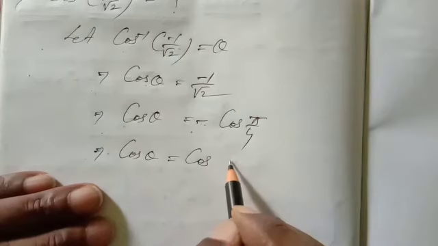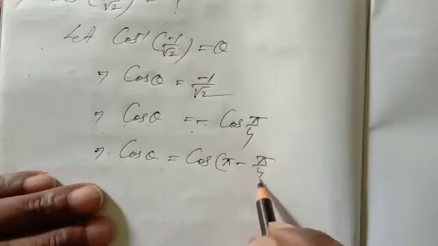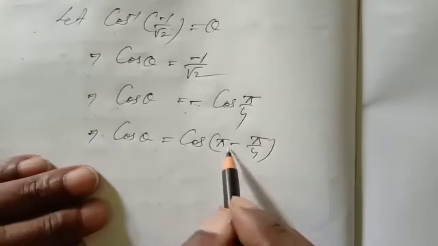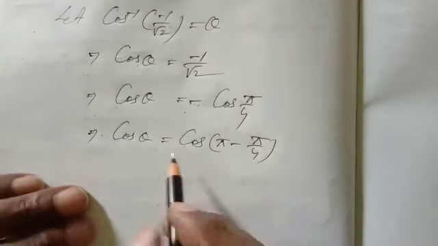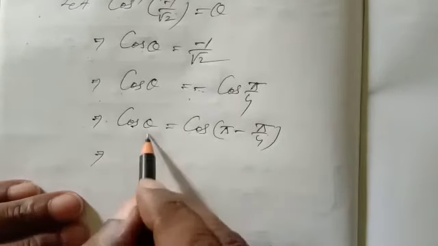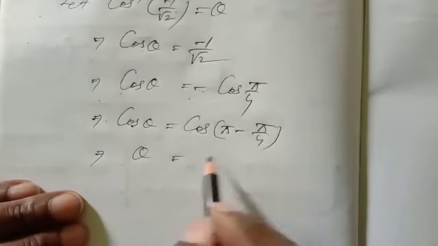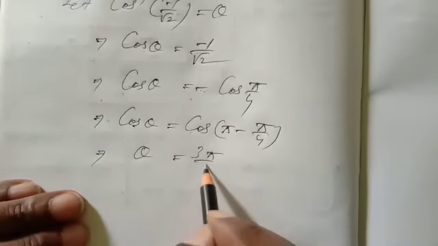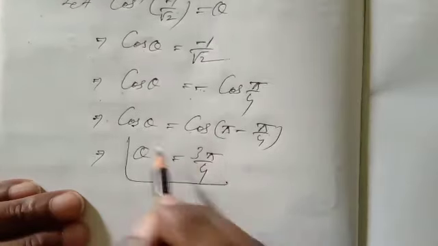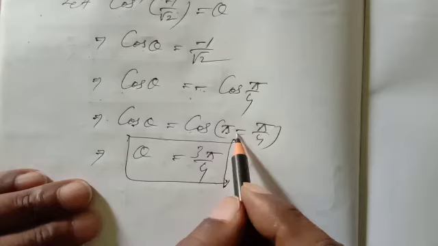Cos of pi minus pi by 4. The formula for cos 180 minus theta is minus cos theta. Because both sides should be the same, comparing both sides you get theta equal to pi minus pi by 4, which is 4 pi minus pi over 4, that is 3 pi by 4. So what is the value of theta? Theta is equal to 3 pi by 4, in the second quadrant.